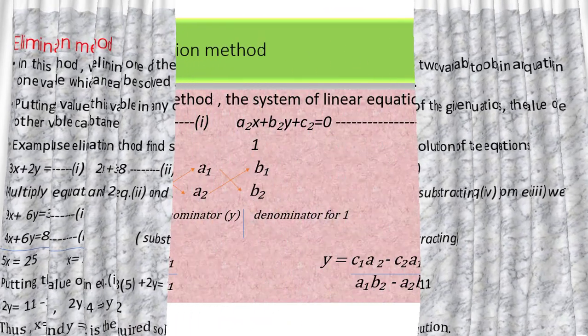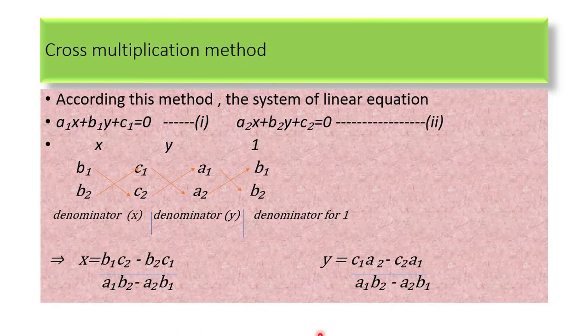And last is the cross multiplication method. According to this method, for a system of linear equations with two equations, a1x plus b1y plus c1 equals 0 and a2x plus b2y plus c2 equals 0, first we write x, y, 1 with b1 and b2, c1 and c2, a1 and a2, b1 and b2.